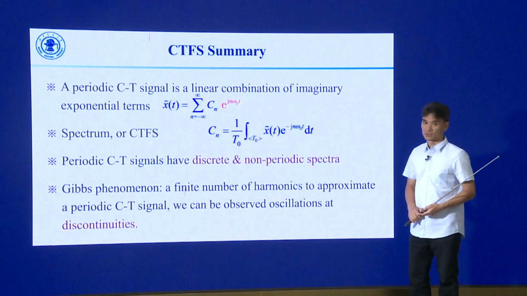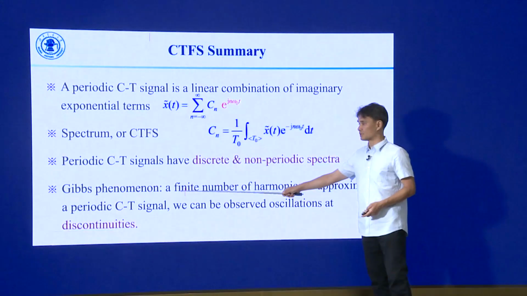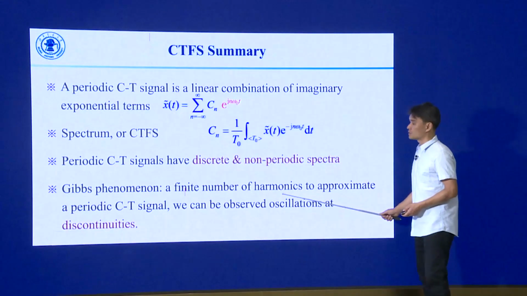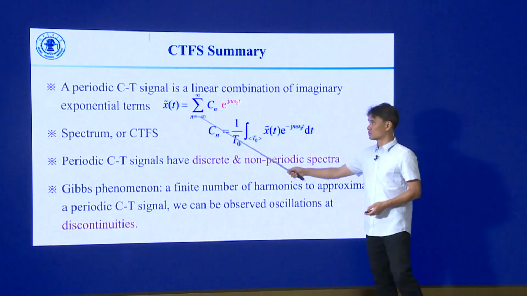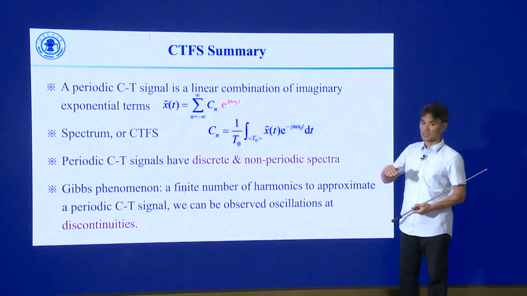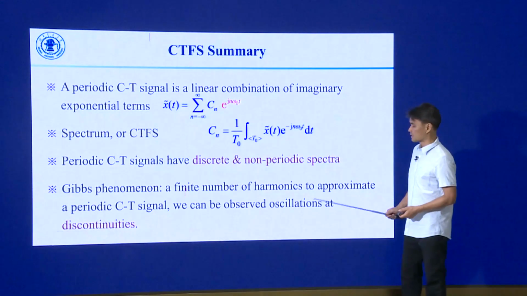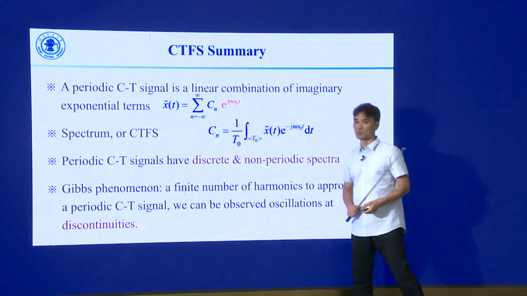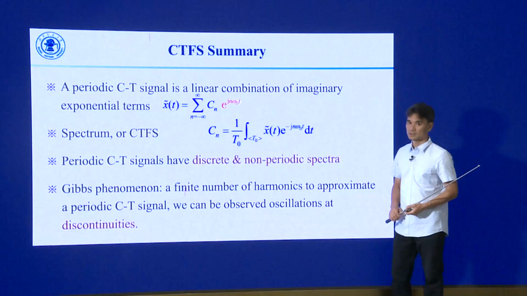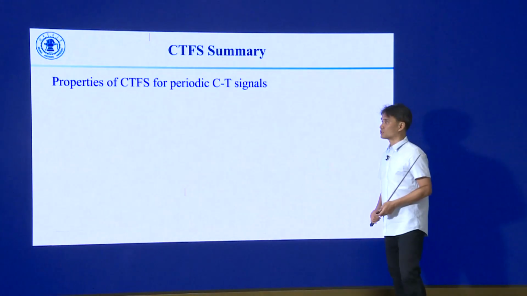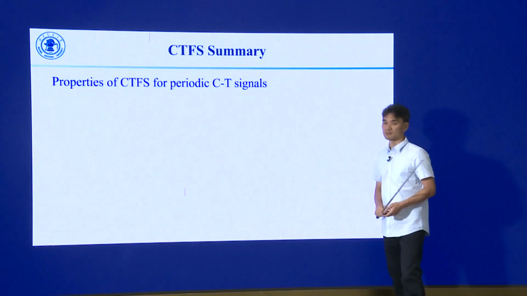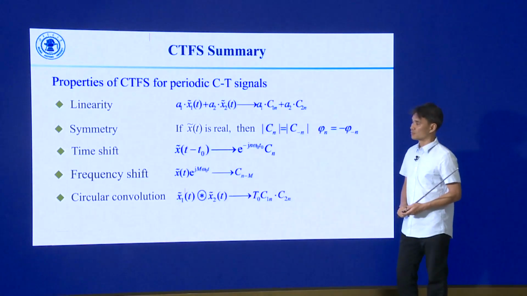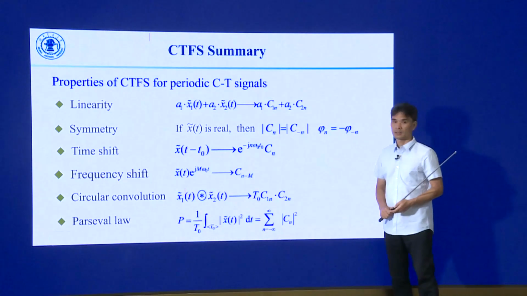We also introduced the Gibbs phenomenon. That is, when we use a finite number of harmonics to synthesize the original signal, then at the discontinuity points there will be some oscillation, and the overshoot at the discontinuity will be 9%. And then, we introduced the properties of continuous time Fourier series, and here is the list of those properties. Thank you.